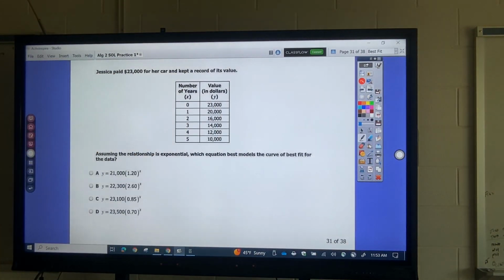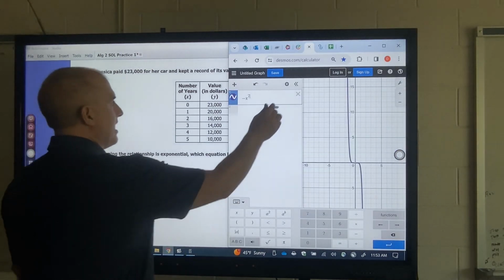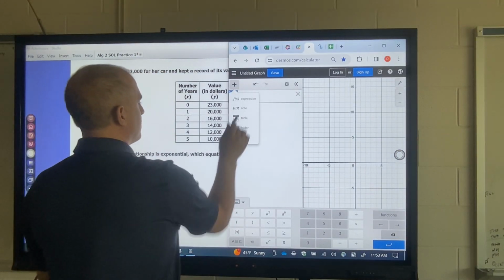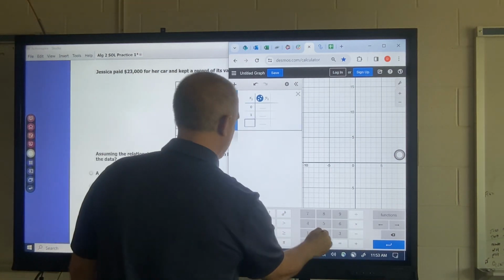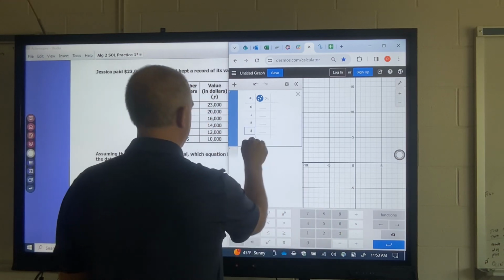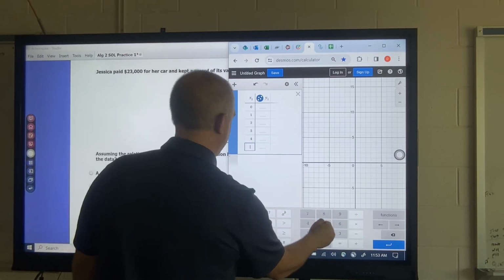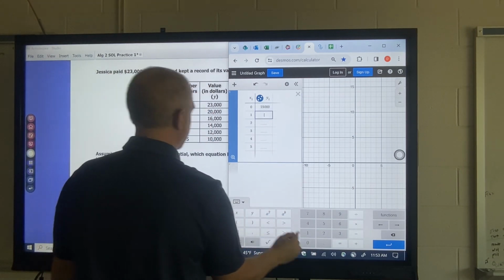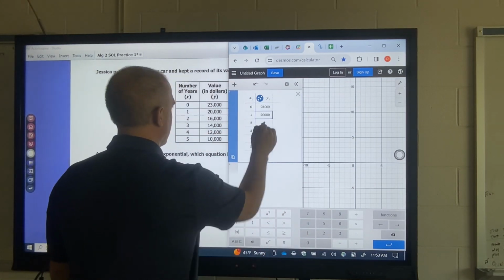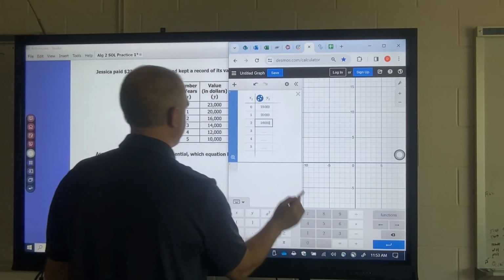Okay, so they're telling us this is an exponential relation. So what I have to do is I go into Desmos, I make a table. I put these numbers in: 0, 1, 2, 3, 4, 5. This is 23,000. This is 20,000. This is 16,000.